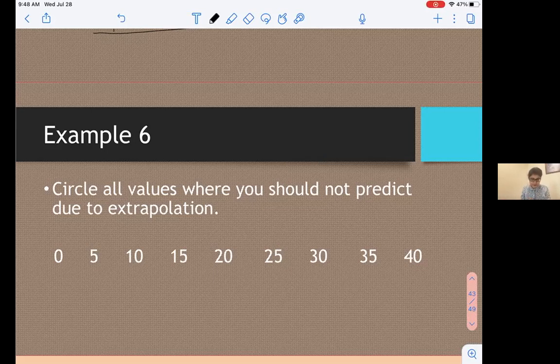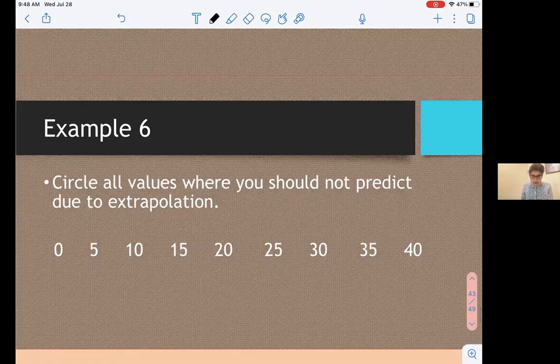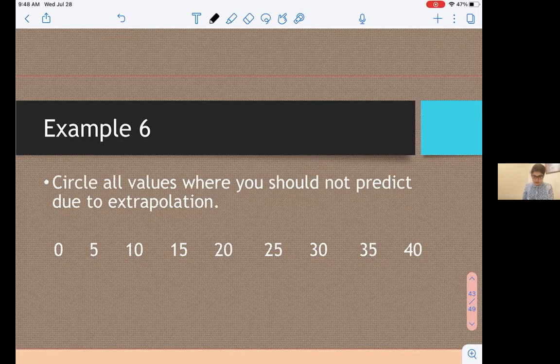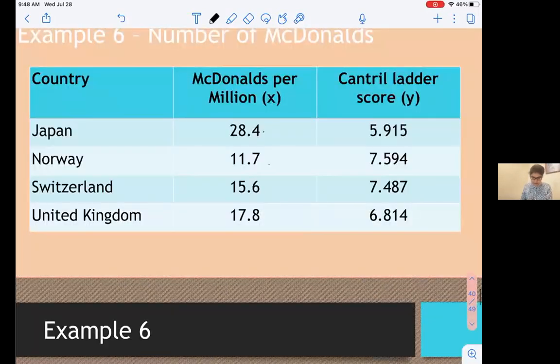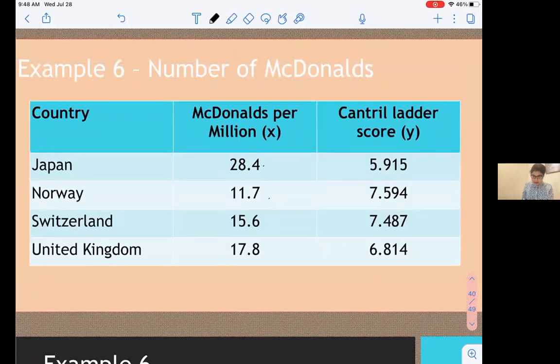The next question asks you to circle all values where you should not predict due to extrapolation. In this example, your least value is 11.7 and the maximum value is 28.4.